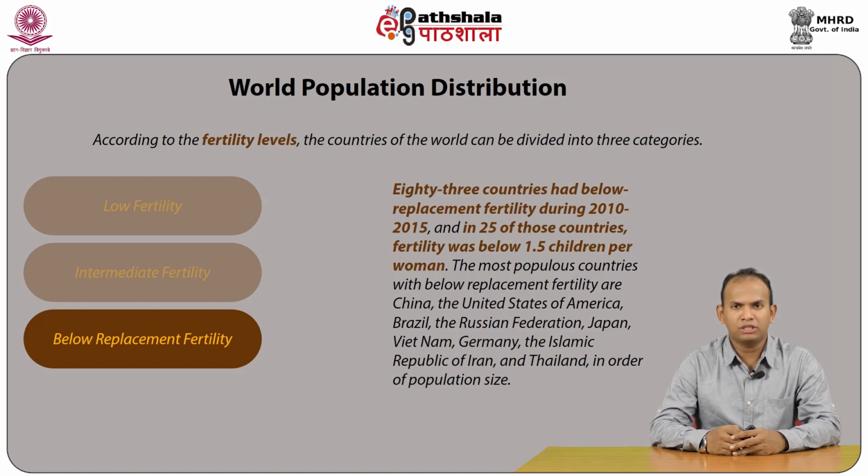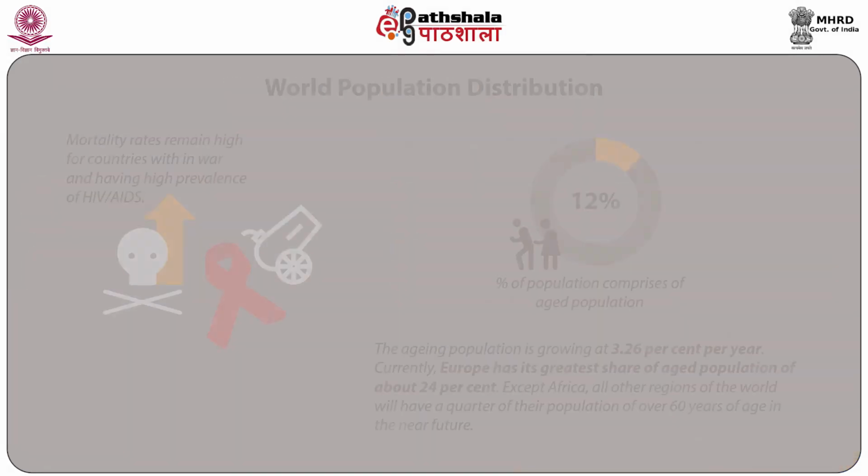The most populous countries with below replacement fertility are China, the United States of America, Brazil, the Russian Federation, Japan, Vietnam, Germany, the Islamic Republic of Iran, and Thailand, in order of population size.